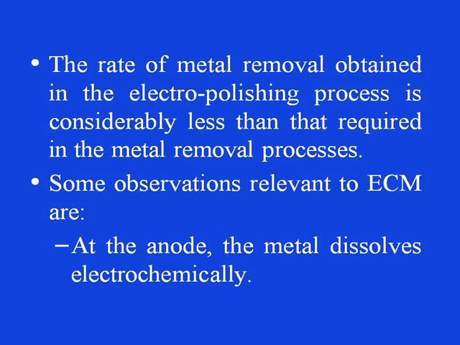The rate of metal removal obtained in the electropolishing process is considerably less than that required in metal removal processes. Some observations relevant to ECM are: at the anode the metal dissolves electrochemically.